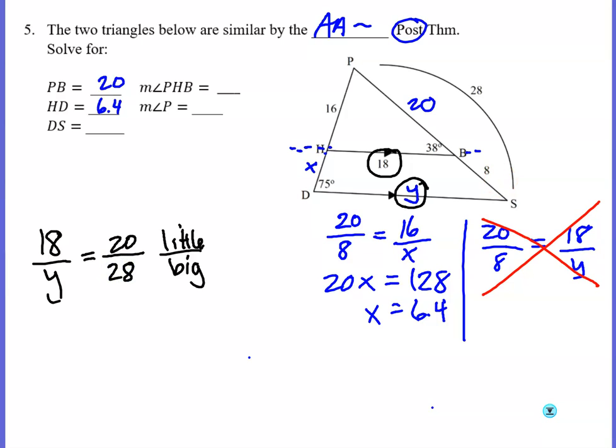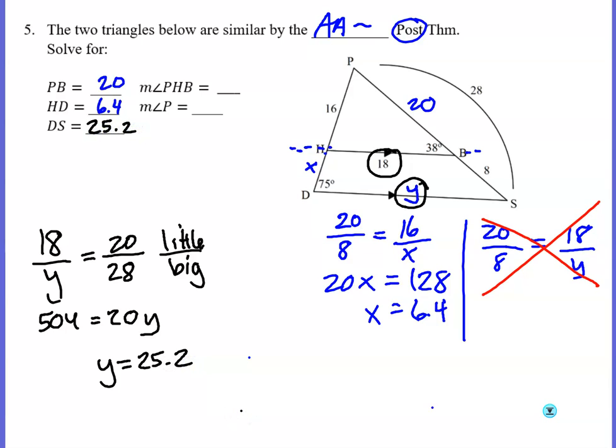So again, I can't just use 20 over 8 because 18 and y is a little side and a big side. So when you're using the parallel ones, you have to actually use the little triangle and the big triangle. Okay, so then I can cross multiply. I'm getting some big numbers here. 504 equals 20y. Divide both sides by 20, and so I get y equals 25.2.